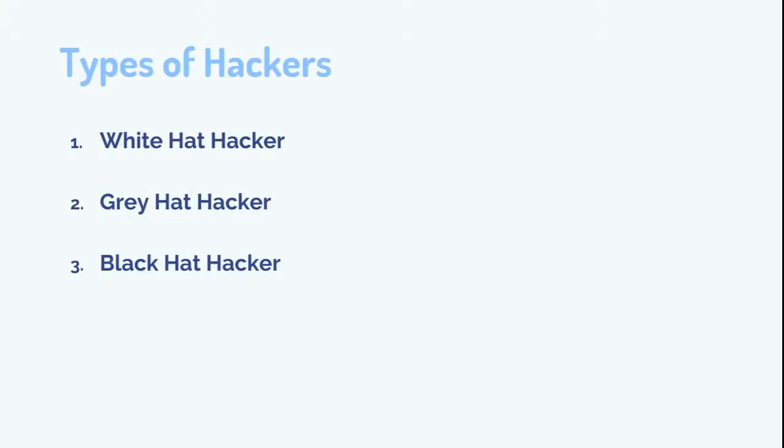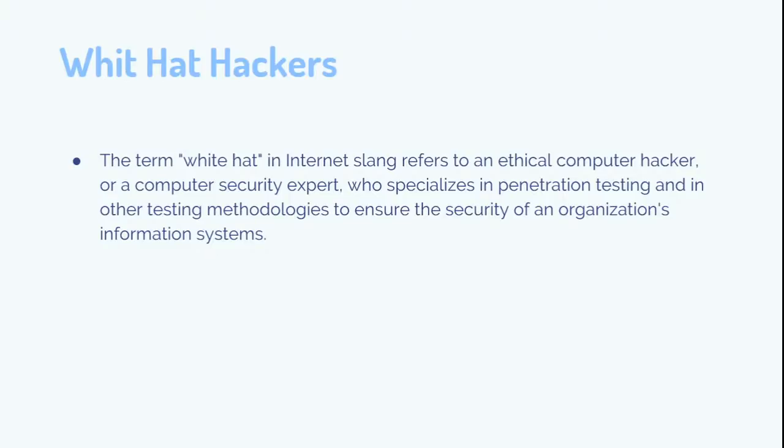In hackers we have three types: white hat hackers, gray hat hackers, and black hat hackers. A white hat hacker is normally an ethical hacker for general purposes. They are computer security experts specialized in penetration testing and other testing methodologies to ensure the security of an organization.